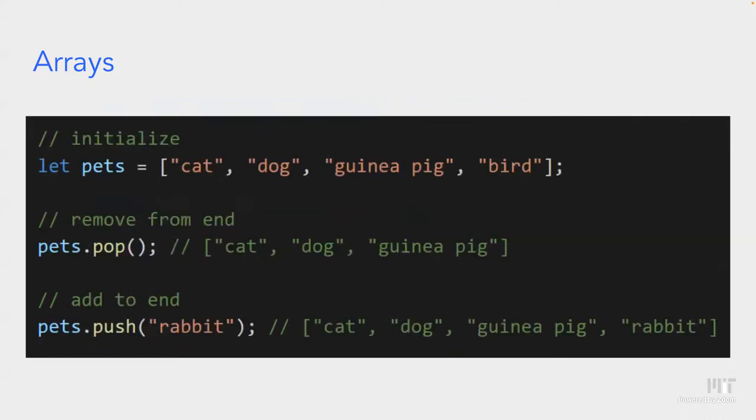Then we have a few functions that you might have seen before. We have the pop function, which removes from the end, so it would pop out bird because bird is the last element of the array.